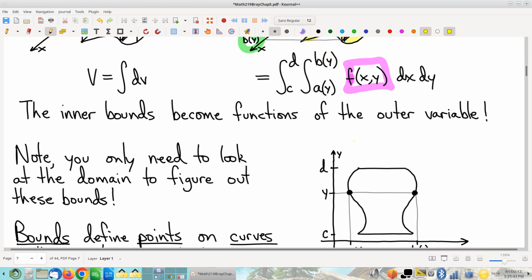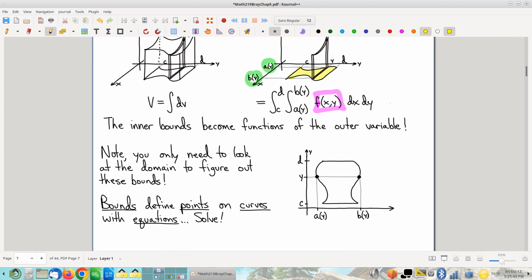I'm going to take this picture, the same domain here as within the limits of my ability to draw anyway. Same domain. If I have a picture of that domain and I want to know these bounds, I can see those bounds in the two-dimensional picture. Don't need the three-dimensional picture. This is a huge savings in artistic workload, if you will.